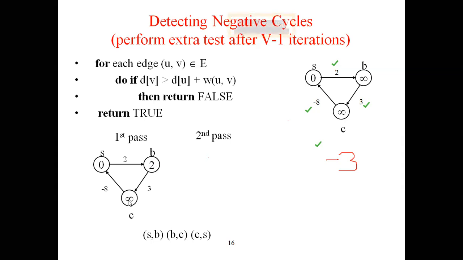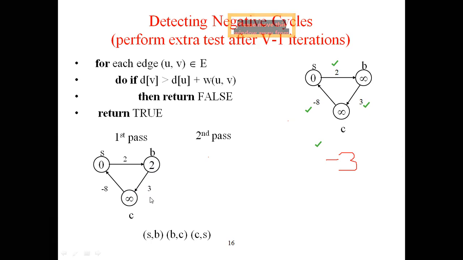Now consider the B to C edge, from vertex B to vertex C. What is the update at C? 2 plus 3. The value at B, that is d[u], is 2, and BC is the edge labeled 3.